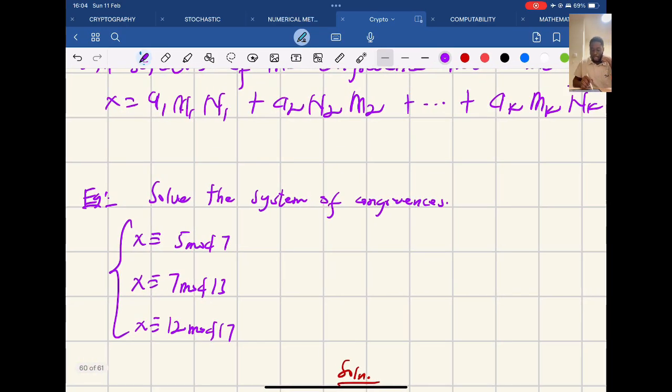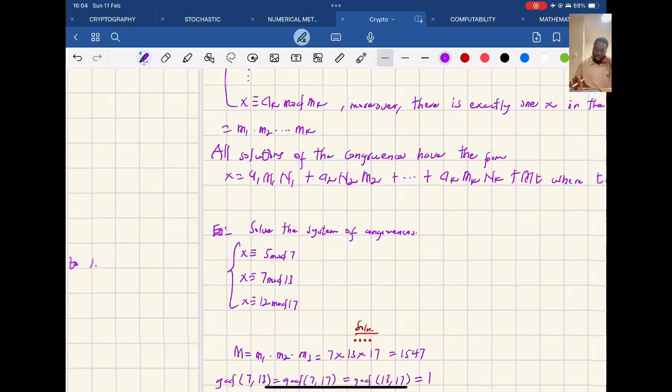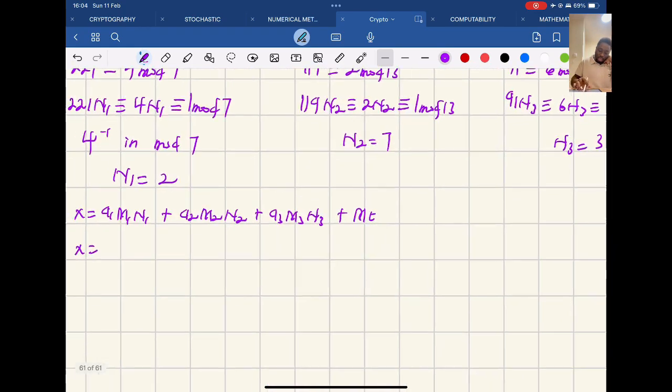The coefficient for mod 7, which is 5, is your A1. The number in front of mod 13 is your A2, and the number in front of mod 17 is A3. So A1 in this case is 5.